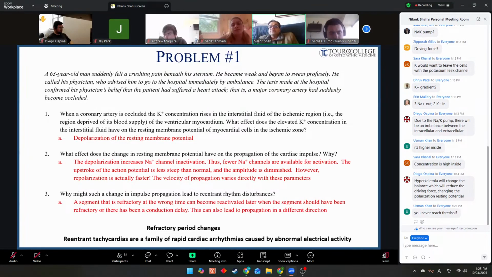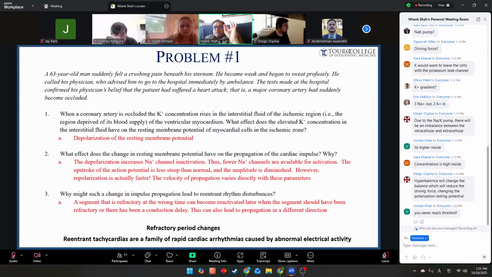Yes, the slope will be lesser. It will be longer, and thus restoring membrane potential will take much longer than usual. No, answer me simply. I just want to break it down into very small pieces. What would happen to phase 2?